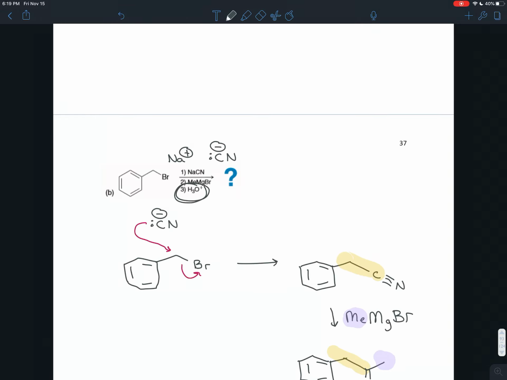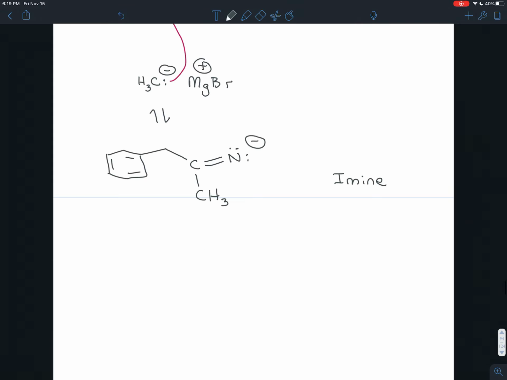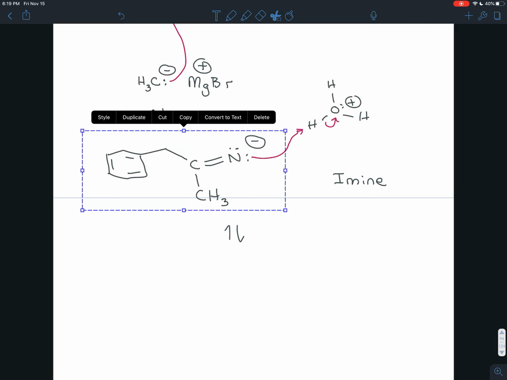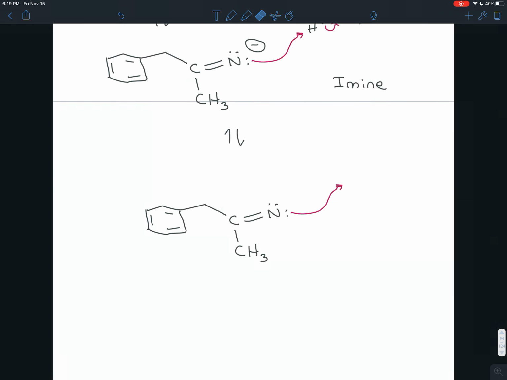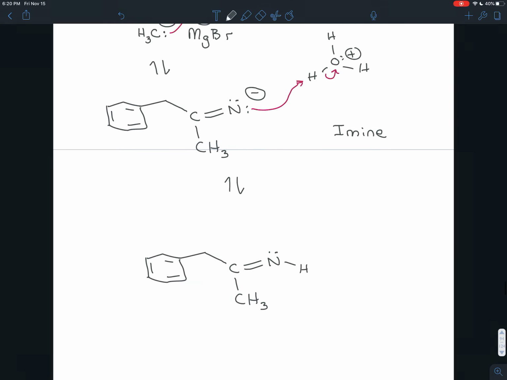So after this attacks, we have hydronium, so we can do some proton transfers. We'll start with just one. Nitrogen attacks the hydrogen, the electrons go onto that oxygen. So we have this.